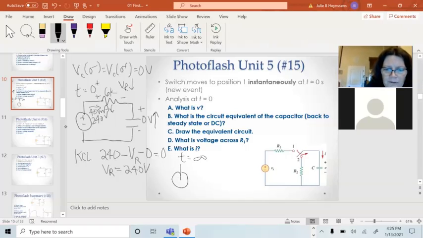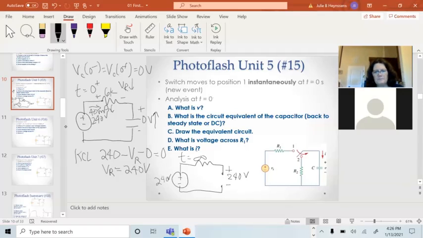We get to DC steady state at t equals infinity. I have a 240 volt source. My capacitor is now an open circuit because everything has stabilized, and I have 240 volts across the capacitor. So we're going to start out at t equals 0.